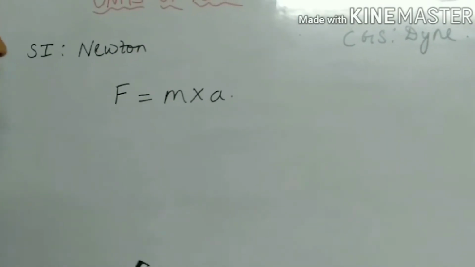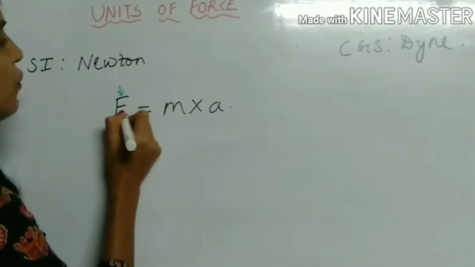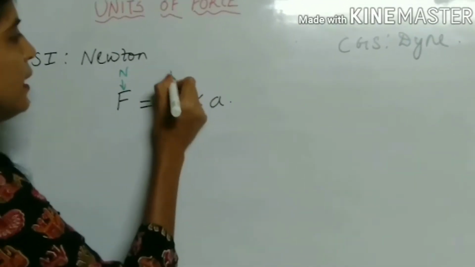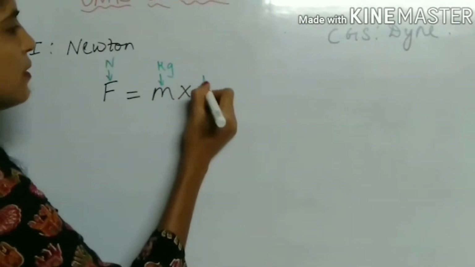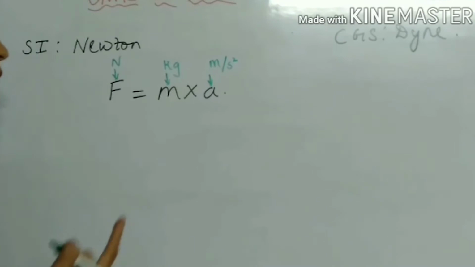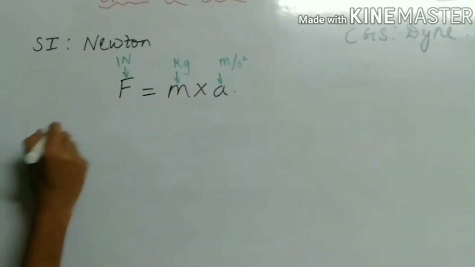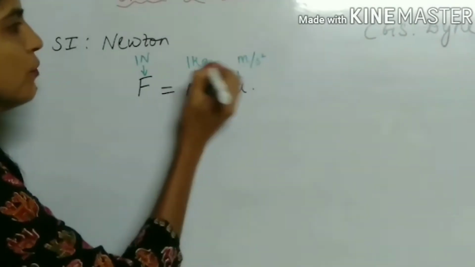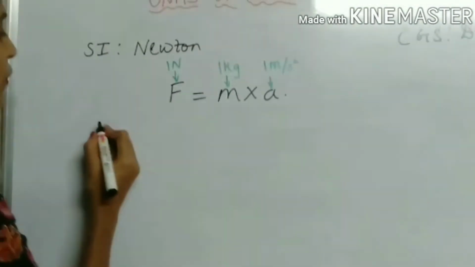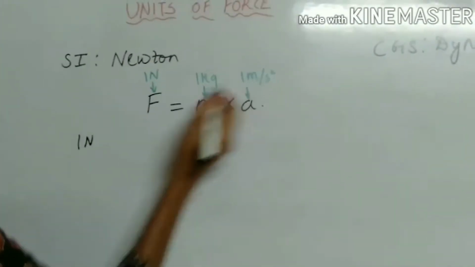Then write units of each. That is, unit of force is Newton, unit of mass is kg, and unit of acceleration is meter per second square. Now we are told to define 1 Newton force. So write here 1, and this also will be 1, 1. So how will you define 1 Newton force based on this formula and these units?